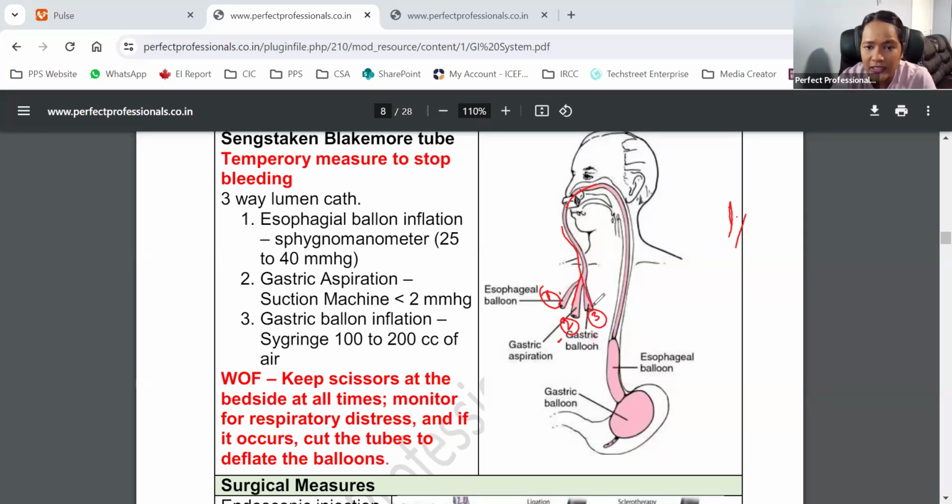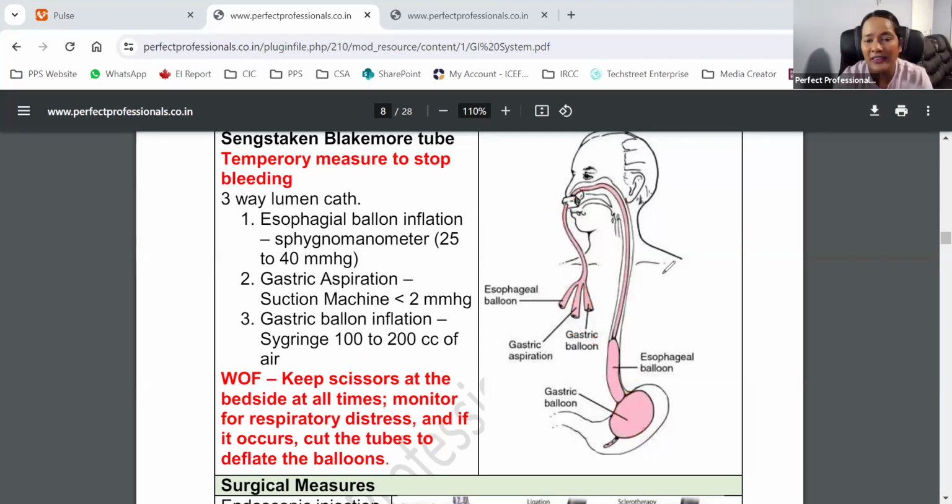The third lumen goes in and there we inflate the balloon so that it stays in the stomach only and does not move from its place. To inflate the balloon we install 100 to 200 cc of air with a syringe. That is the Sengstaken-Blakemore tube. Now your patient is on a Sengstaken-Blakemore tube.